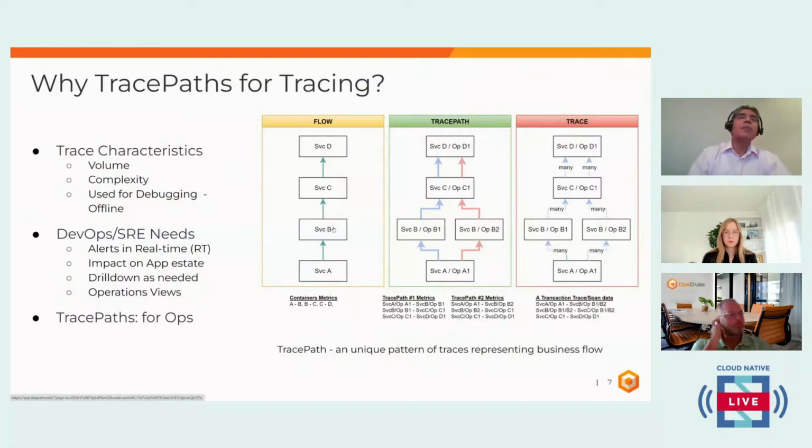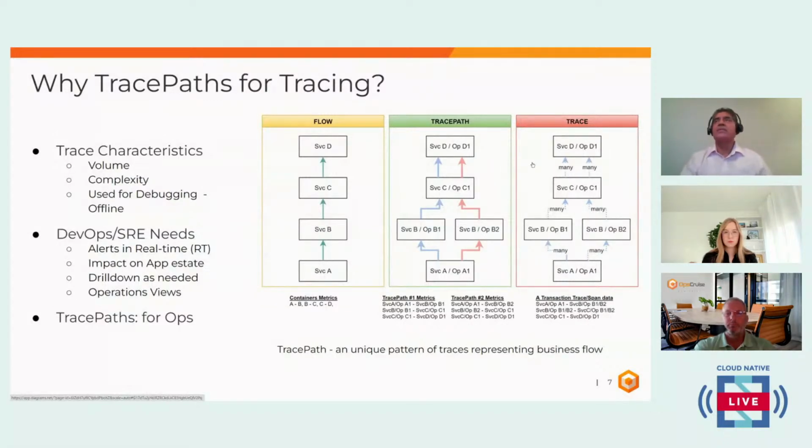So if there is a problem with the service, no matter what the transaction, what calls and operations behind the service you're calling, you won't have visibility. But if there's a problem at the aggregate level, you will capture it. And this we can do in real time, and it's pretty well known. The advantage of the flow is it gives you the structure and the dependency at the highest service-to-service level, but doesn't have aspects of the operations.